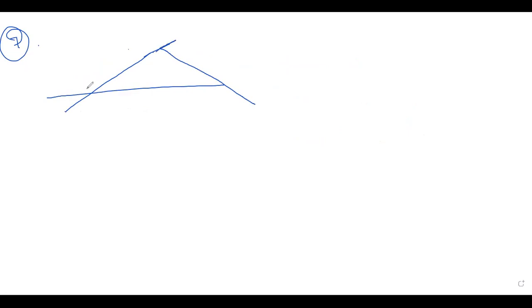It is 30 degree and it is Z, X, it is 90 degree, this is Y. Here children, X, Y, Z, these are called exterior angles.